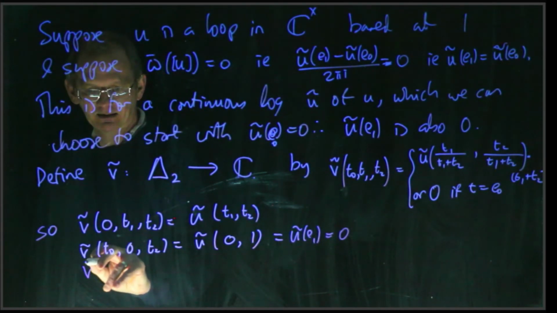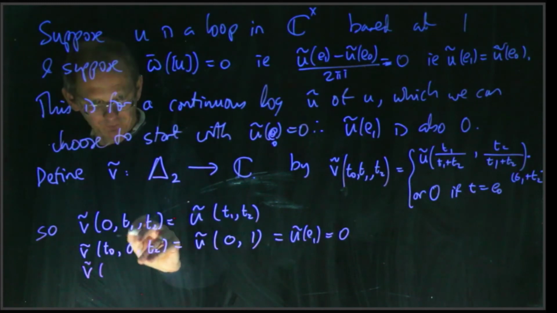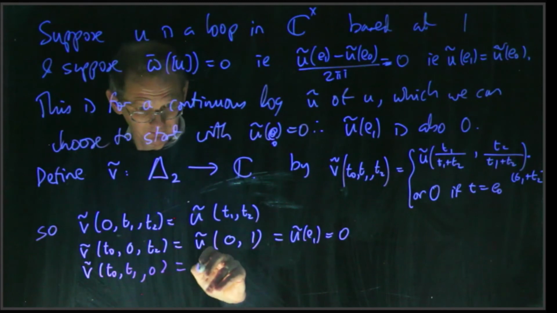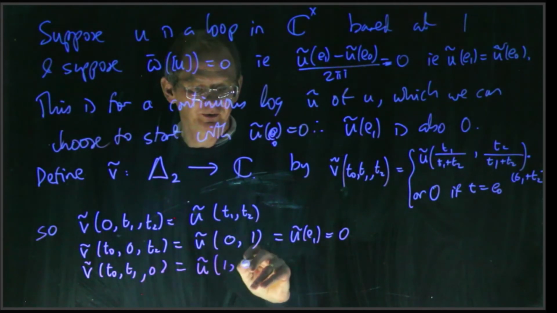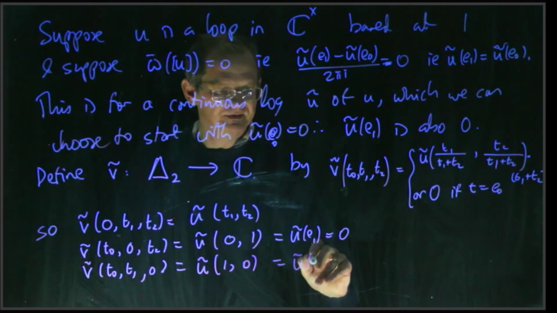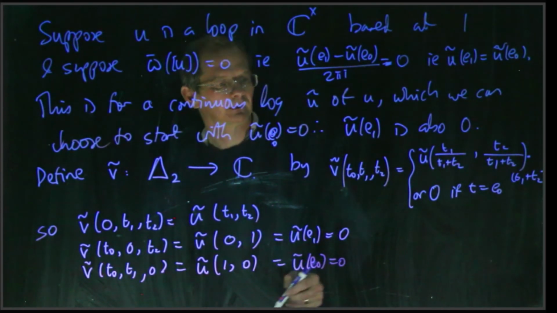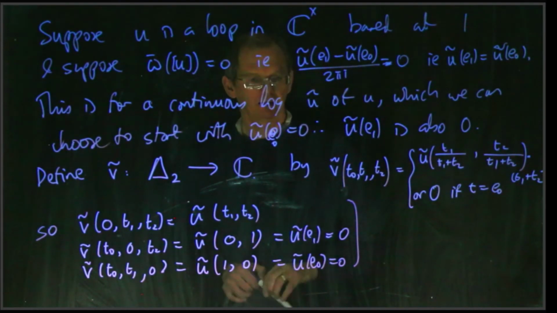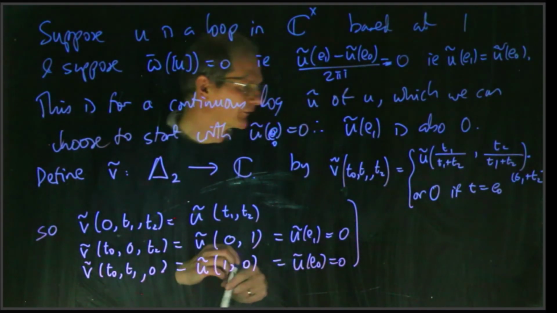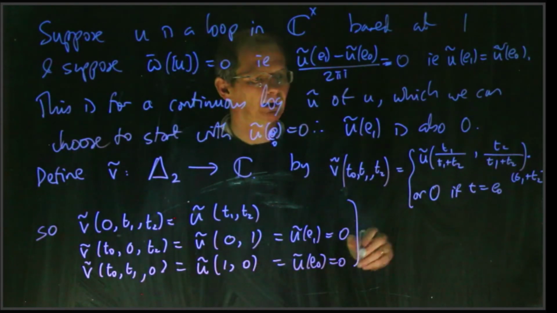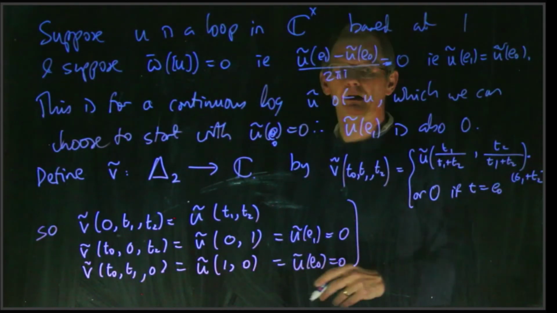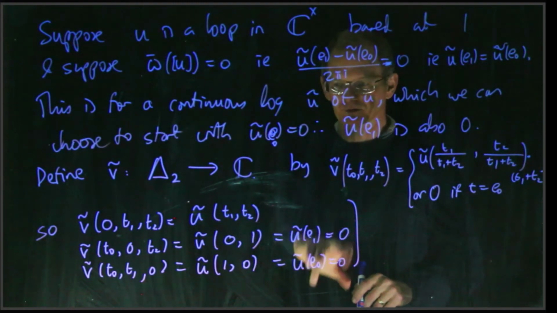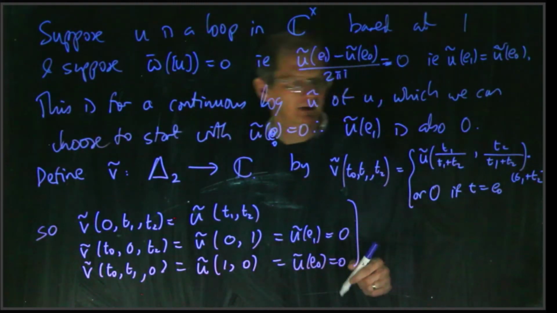And similarly, v tilde of (t0, t1, 0) is going to be u tilde of (1, 0), which is u tilde of e0, which is 0. So that's the boundary behavior of this map v tilde. Basically we've got u tilde on one edge and just the constant map 0 on the other two edges.